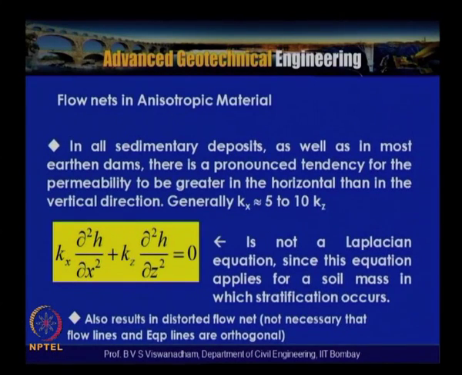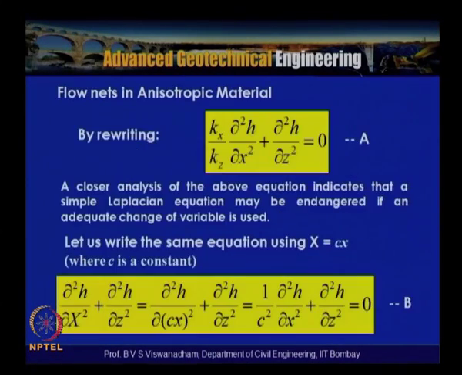So Kx ∂²h/∂x² plus Kz ∂²h/∂z² is equal to 0 is not a Laplace equation, since this equation applies for a soil mass in which stratification occurs. This results in a distorted flow net.